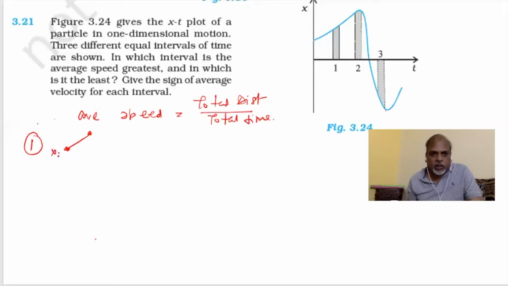This is x1, this is x2. This distance is x2 minus x1.